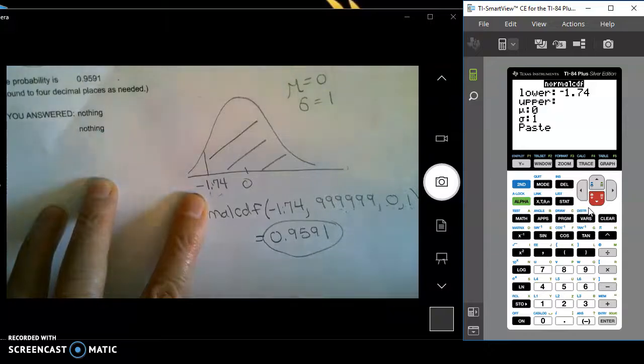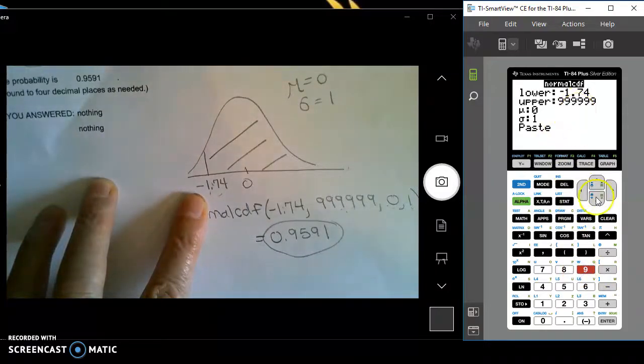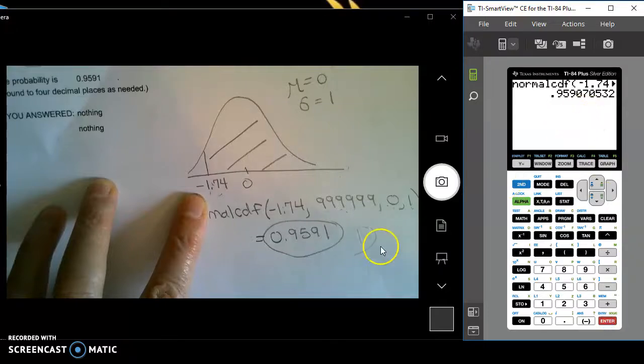You can either put E99, which is scientific notation, or you can just put in 6 nines. So we just put a big number in other words. Okay, the mean and standard deviation are already in there for us. I'm going to paste it, hit enter, and then there's my result, 0.9591 if I round.